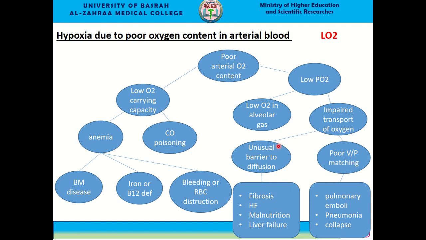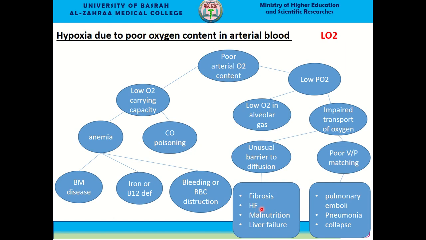While the second cause is an unusual barrier to diffusion, so there is good ventilation, good perfusion, but there is a barrier between the alveoli and the blood vessel. For example, in the case of lung fibrosis, there will be fibrosis surrounding the alveoli, preventing oxygen from diffusing into the blood vessel, or heart failure.